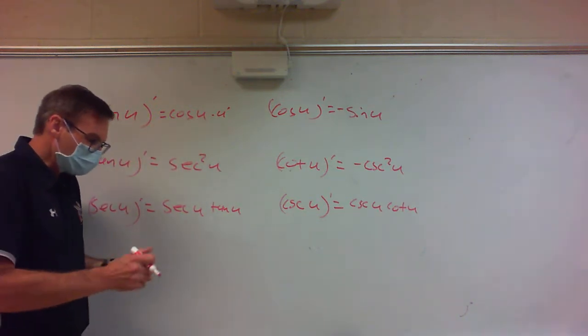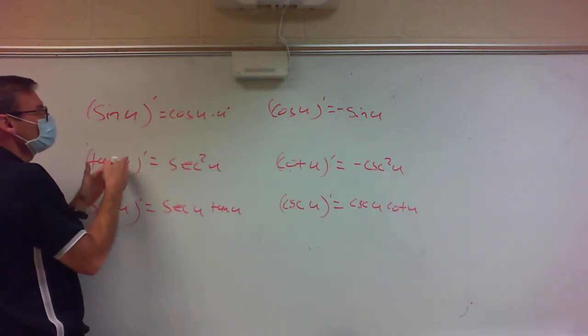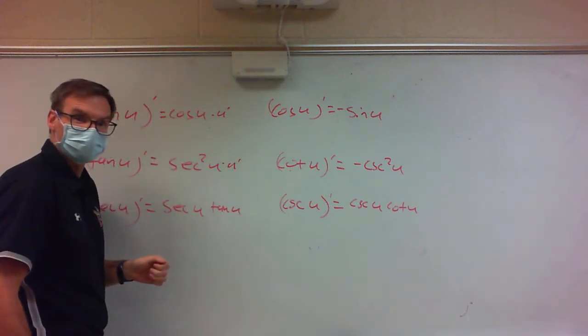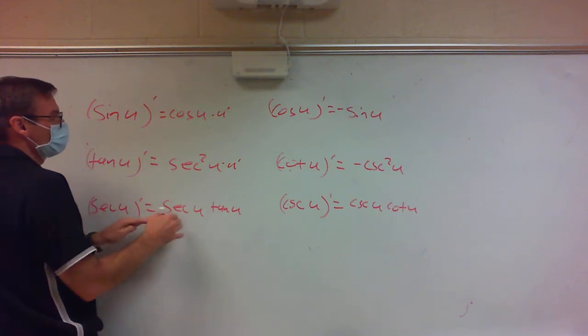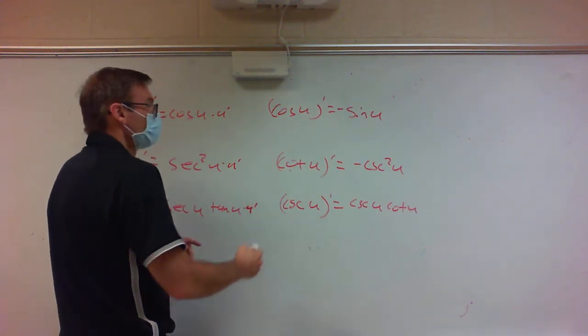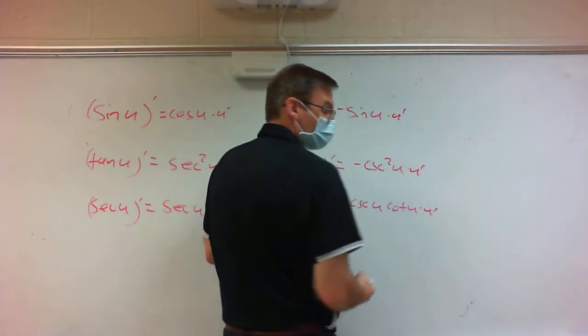The same thing here: the derivative of tangent stuff is secant squared stuff times the derivative of stuff. The derivative of secant stuff is secant stuff, tangent stuff times the derivative of stuff. Same thing over here, times the derivative of stuff each time.